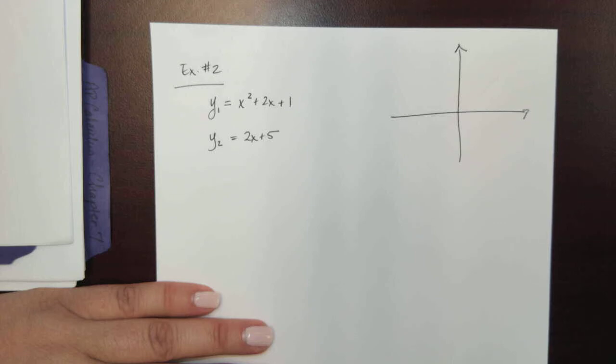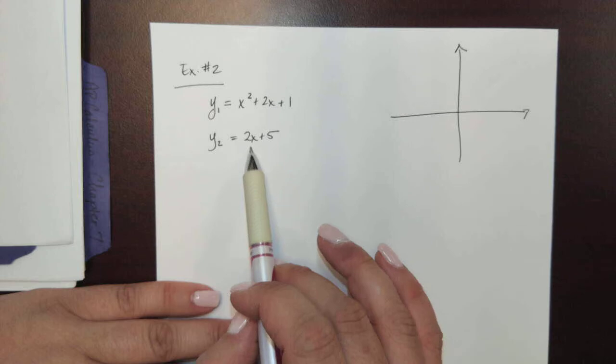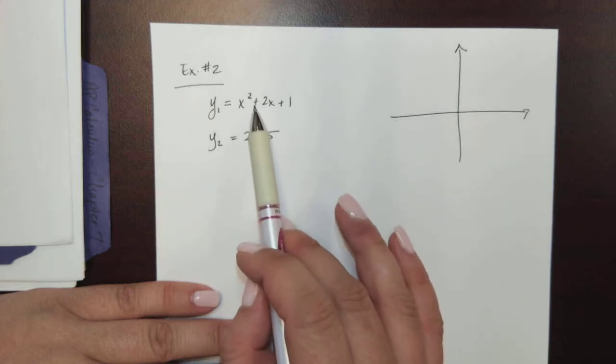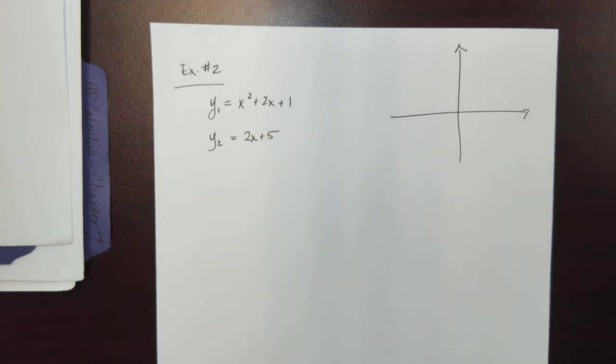They gave us nothing, so we need to determine both endpoints. But first of all, what does this graph look like? This top one is a parabola. How do I graph it?